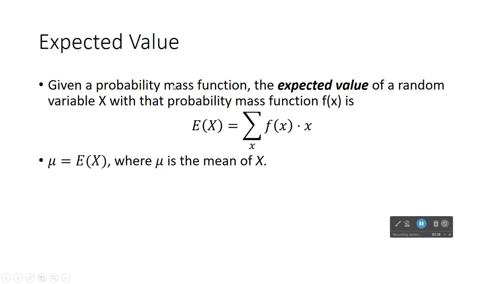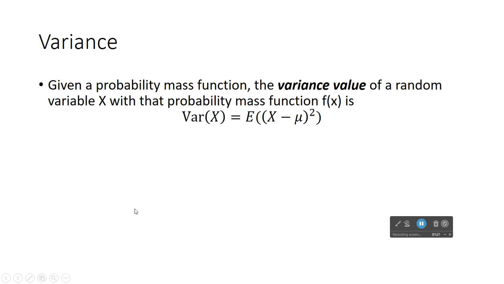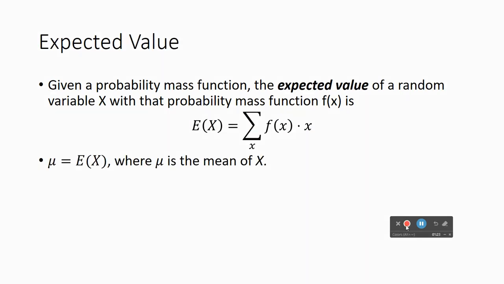So the expected value, let's go backwards. The expected value of a random variable x with a given probability mass function is E of x, the sum over all possible values of a random variable of f of x times x, the probability that that value occurs times the value itself.